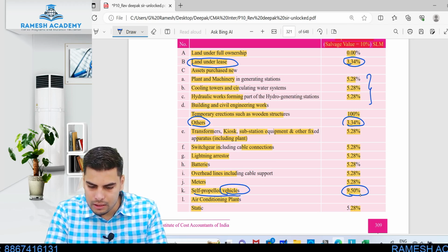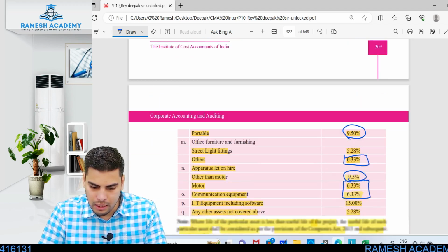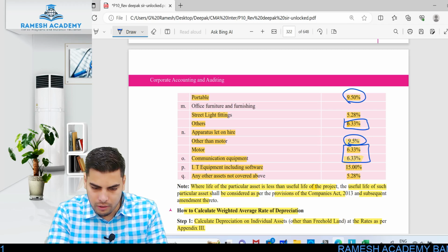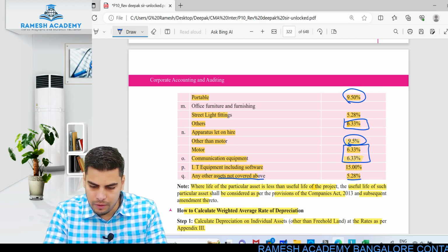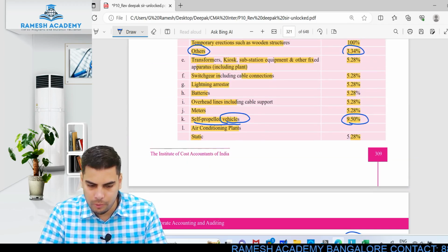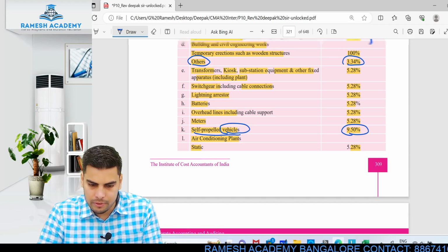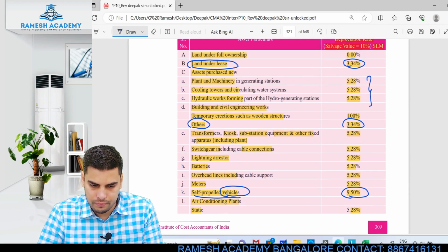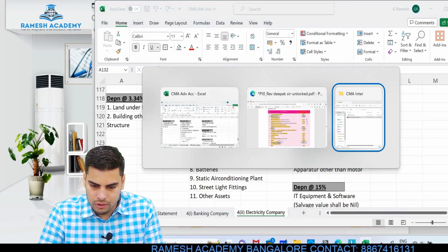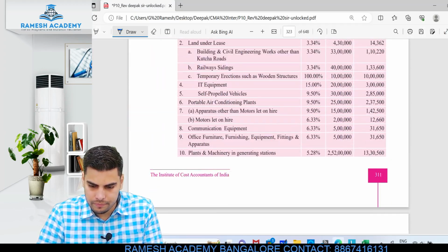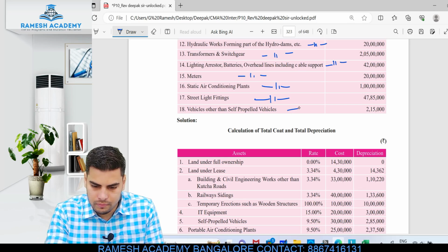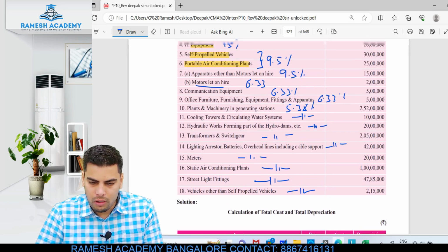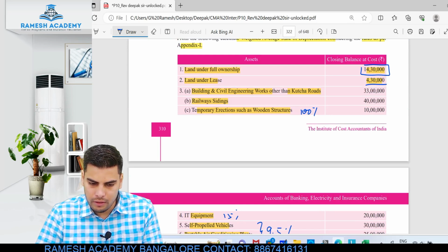Self-propelled vehicle, it is 9.5%. Other than self-propelled vehicles, somewhere over here they would have given. Yeah, any other assets for that matter, it would be 5.28 only. So 5.28 only would be the rate of depreciation. For this also 5.28. So in all these cases 5.28 would be the rate of depreciation.